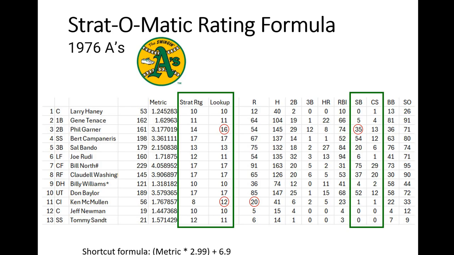I think that 56 there might be his at bats, but I'm not 100% sure. Don't quote me on that. In any event, I did notice he had 20 runs scored out of the 60 some times he was on base. So maybe that's really helping him with that rating.